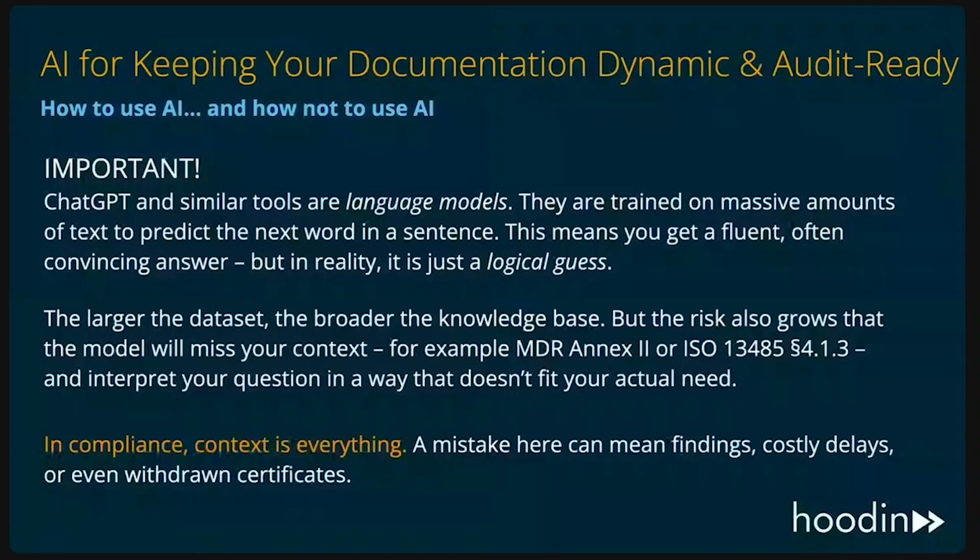So for example, MDR Annex 2 or ISO 13485, paragraph 4.1.3, if you forgot to specify that, they will interpret your question in a way that doesn't fit your actual need. So you have to be extremely detailed in everything you do. And sometimes you don't know, and that's where AI might fail. So context is everything.